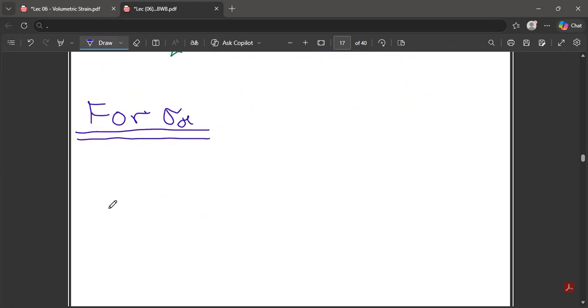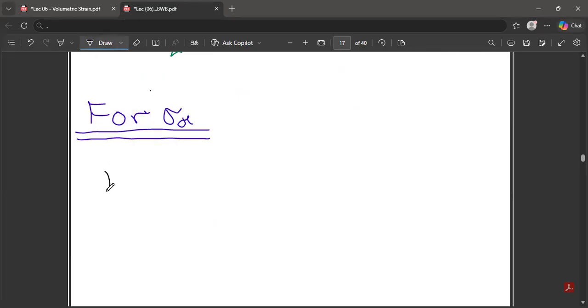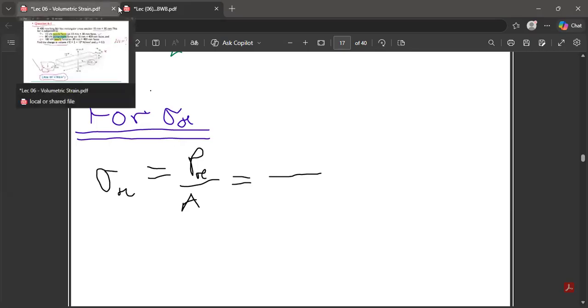And the stress at X is equal to the load at X over the area. What is the load at X?